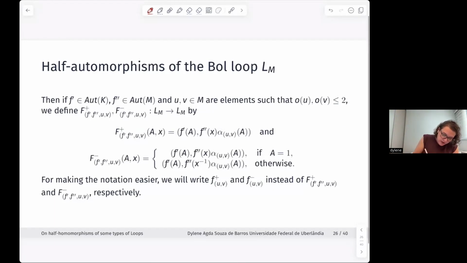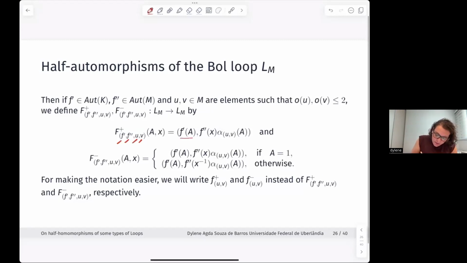Capital F plus with these four parameters is defined on AX as F prime of A, F2 prime of X, alpha UV of A. And capital F minus with these four parameters is defined on AX this way if A is equal to 1, and we remember that if A is not equal to 1, we have to use X minus 1 instead.